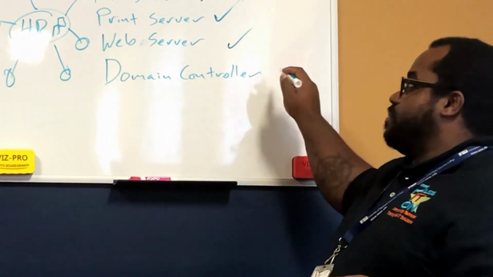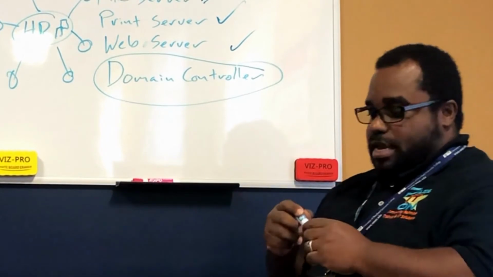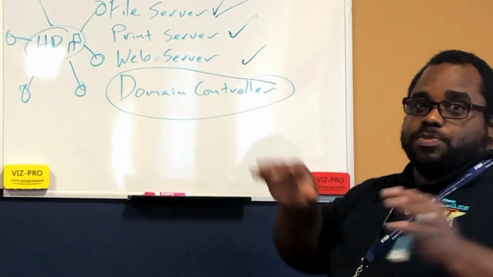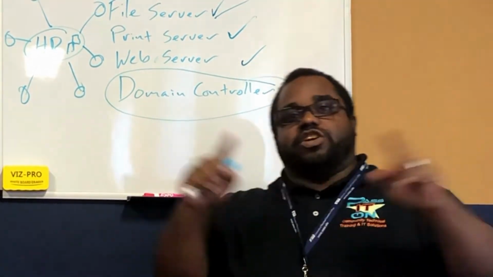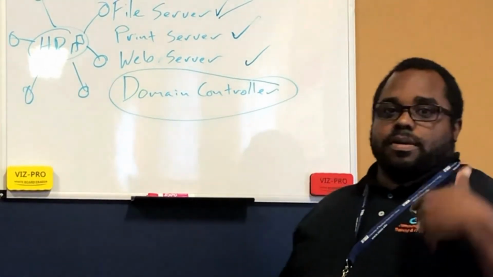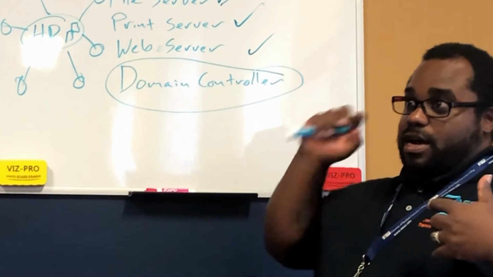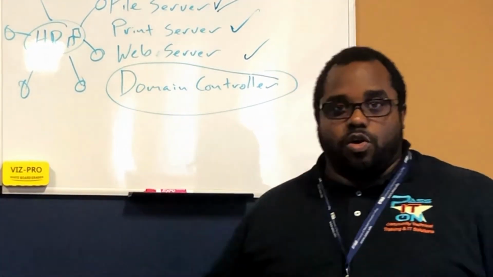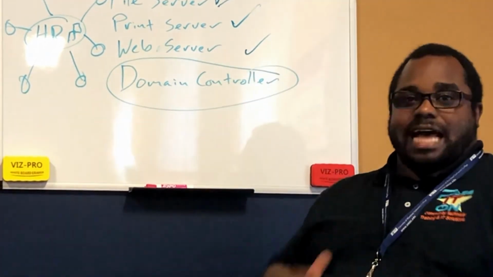And then last but not least, this guy is really important. That's called a domain controller. In Windows speak, a domain represents your entire network. So we have a Microsoft domain, and our domain is passiononmd.org. That represents our entire network.